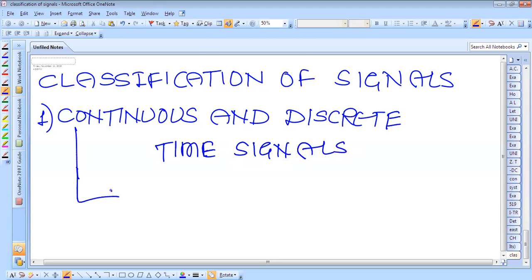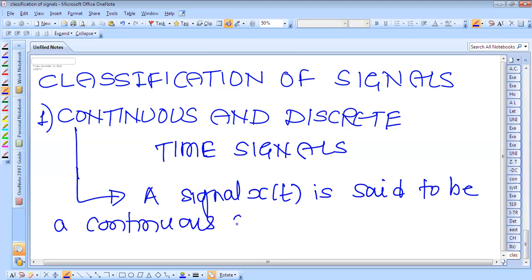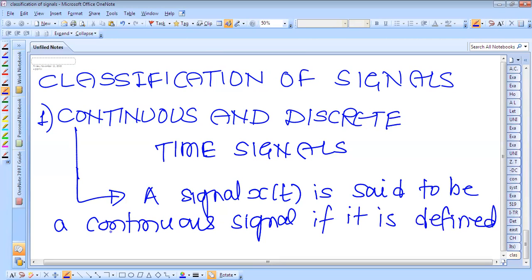The continuous time signals are generally signals x of t that are said to be continuous if defined for all time t.